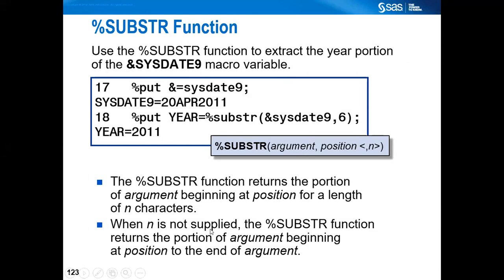When n is not supplied, the %substr function returns the portion of the argument from the position to the end of your argument. That means if you do not write how many characters you want to extract, it will stop when the value ends. In our case we had only 4 letters, so it extracts only these 4 values. Same syntax as your substr.